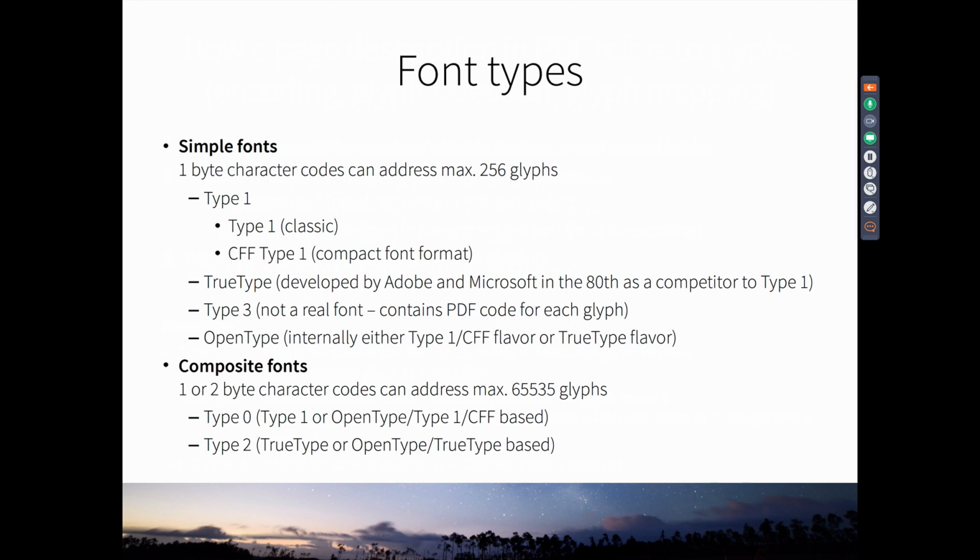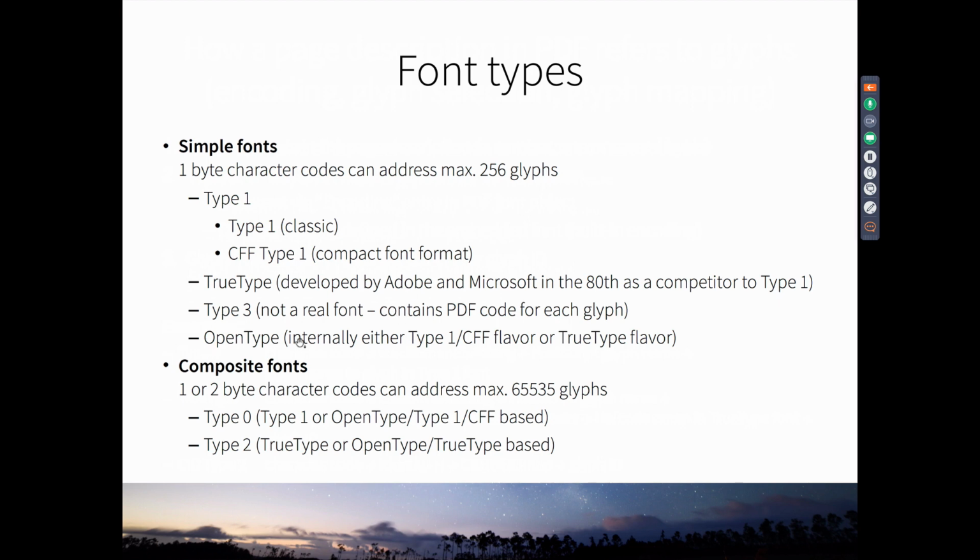Type 3 is still a collection of glyphs, but you would use PDF syntax inside of the glyphs. So you have other contour definitions than in type 1 and TrueType. In type 3 you would use PDF code, and they are rather rare, so you wouldn't find many type 3 fonts in PDF files.